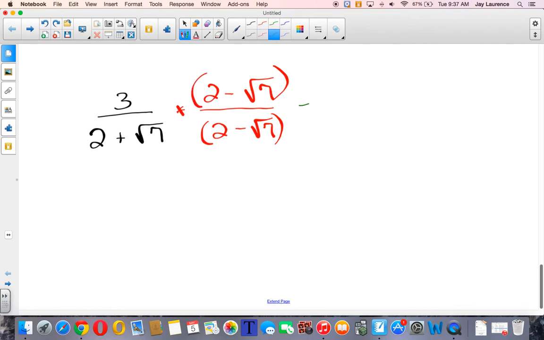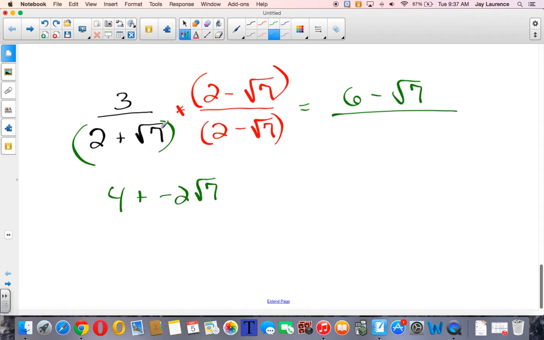Okay, so the top one is a distribution. I'll get 6 minus rad 7. The denominator, I've got to double distribute, so I'm going to get a 4, a minus 2 rad 7, a positive 2 rad 7, and then finally a minus 7. It looks like it's going to be a negative 3.